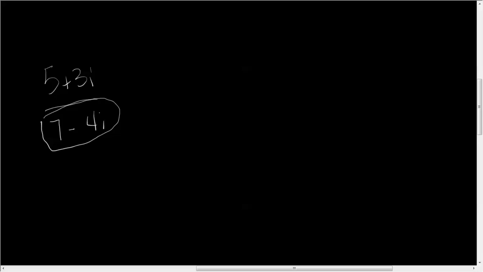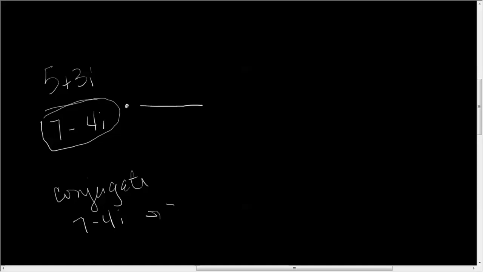So if that was a radical, we would have to multiply times something that was equal to it to rationalize the radical. Well, we have to rationalize this complex number. And to do that, we use what's called the conjugate. And basically that is the opposite sign of the same problem. So for 7 minus 4i, the conjugate is 7 plus 4i.